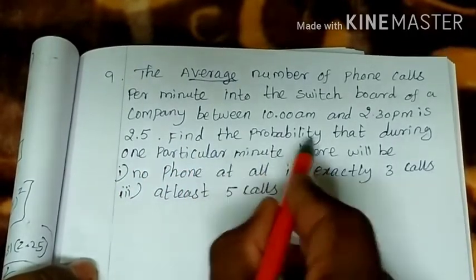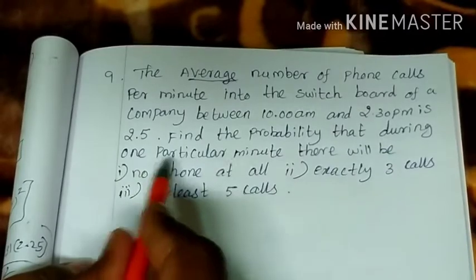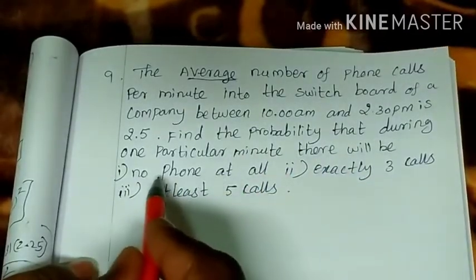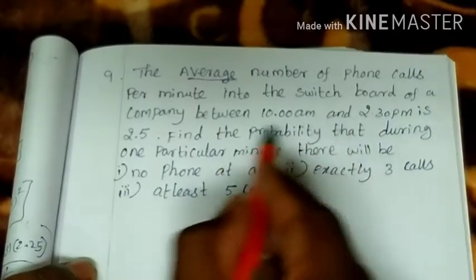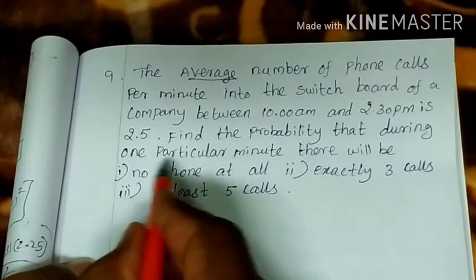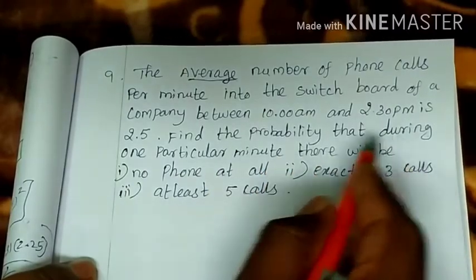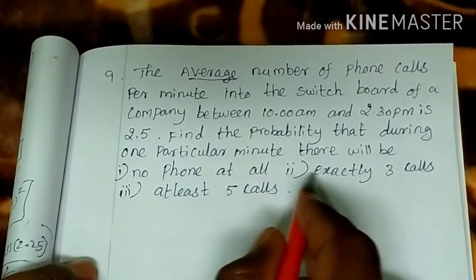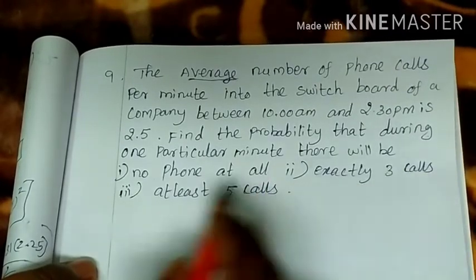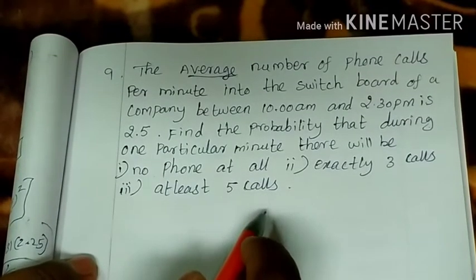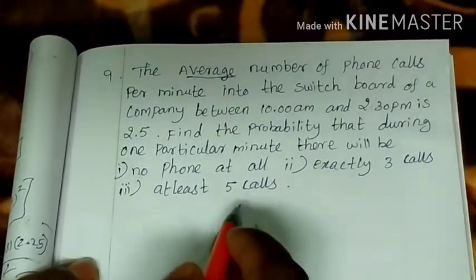Then find the probability that during one particular minute there will be, the first question, no phone call at all. The second one, exactly 3 calls. The third one, at least 5 calls. You have 3 subdivisions. One by one we solve.